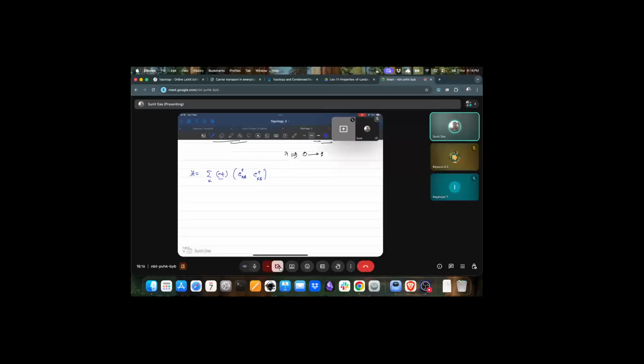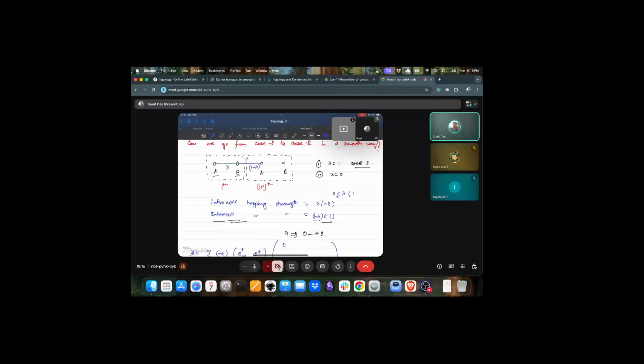There is no A to A hopping, so no on-site hopping. The hoppings are only between A to B or B to A, within the unit cell or outside the unit cell. That's not what we are considering here.